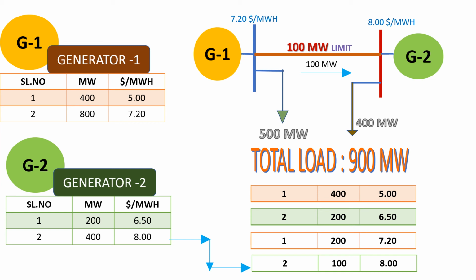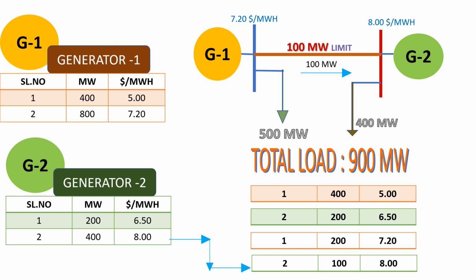Now, since we are using the power from generator 2 at $8 per megawatt hour at bus 2, the LMP at bus 2 becomes $8 per megawatt hour, and since the load at bus 1 is consuming the power from generator 1 only, generator 1 is supplying the power at $7.20 per megawatt hour.